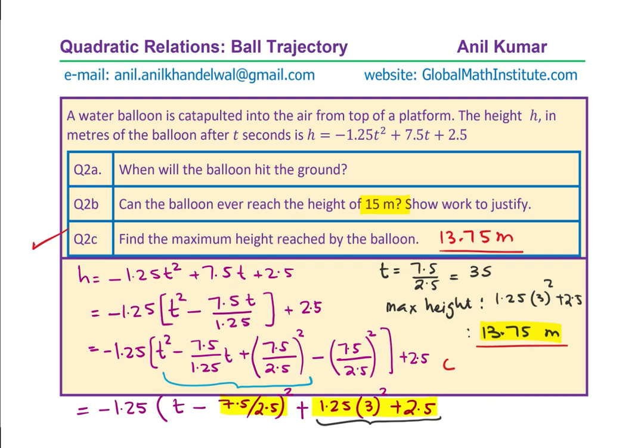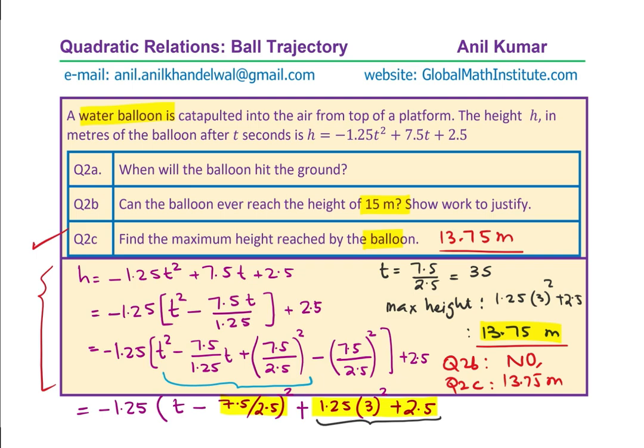So part B is, can the ball ever reach a height of 15 meters? The answer is no, it will never reach a height of 15 meters, and the reason is all this. You get the idea. And for question 2C, we can write this as 13.75, the maximum height reached by the balloon, the water balloon. So we're talking about this water balloon. Is that clear to you?